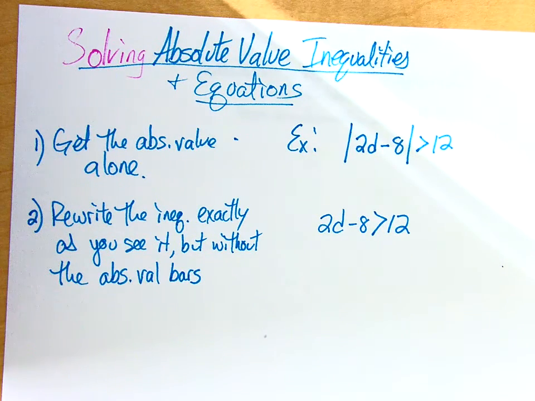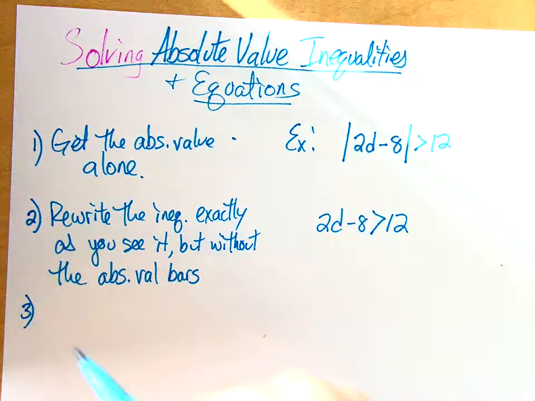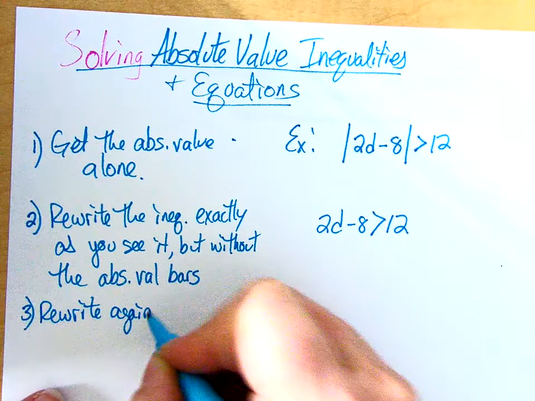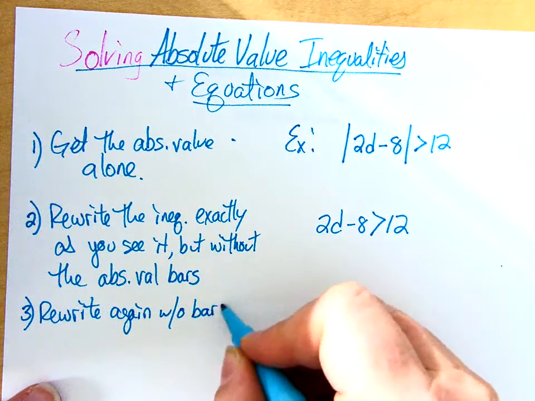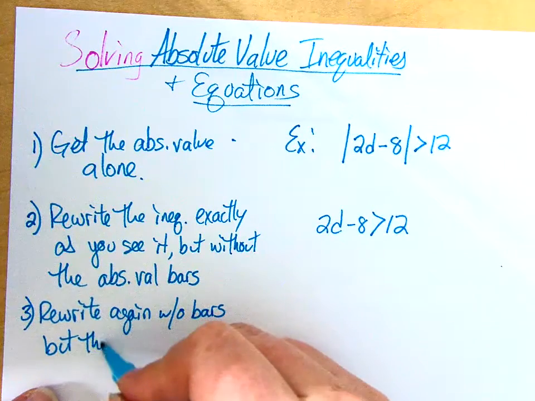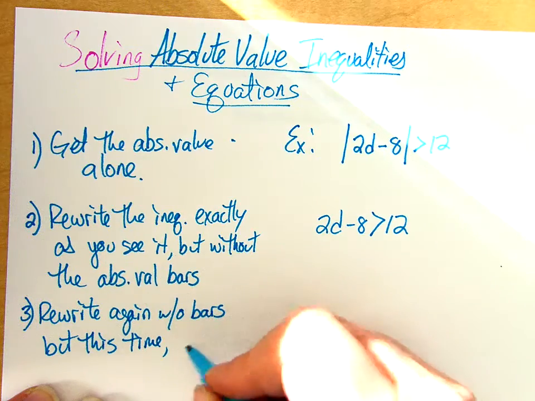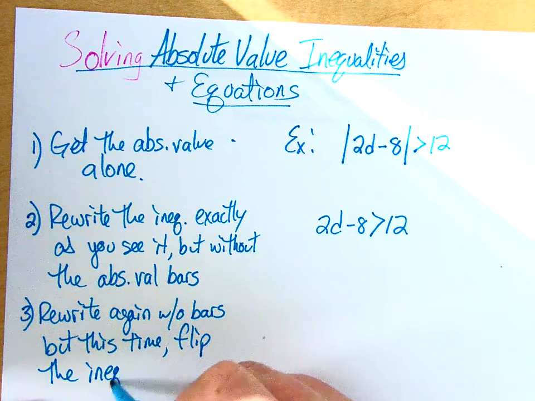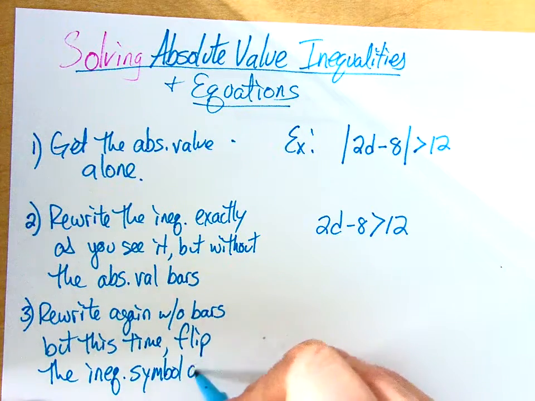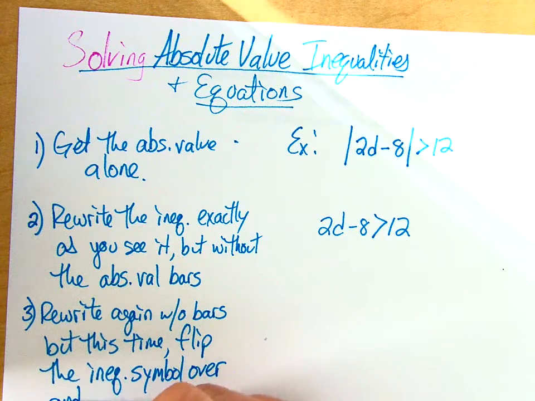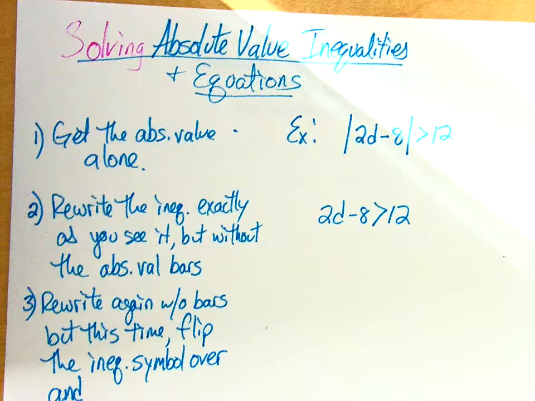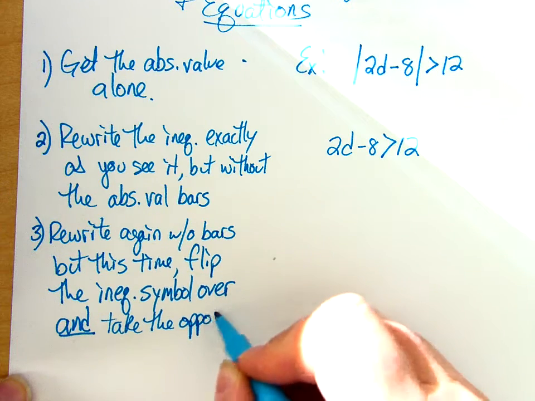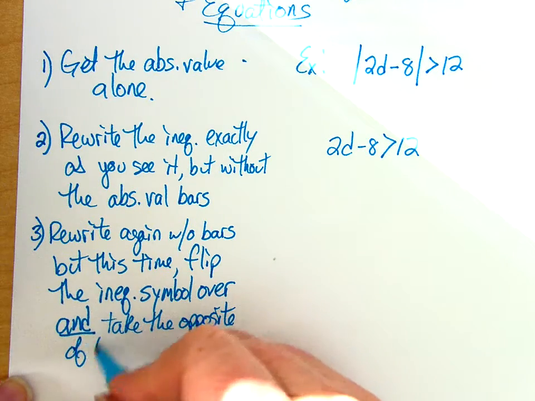The second time I rewrite it, so that'll be step 3, rewrite again without bars, but this time flip the inequality symbol over and take the opposite of that side.